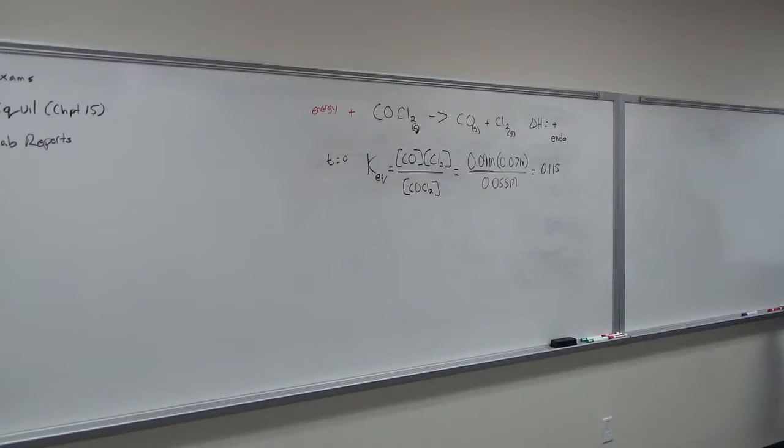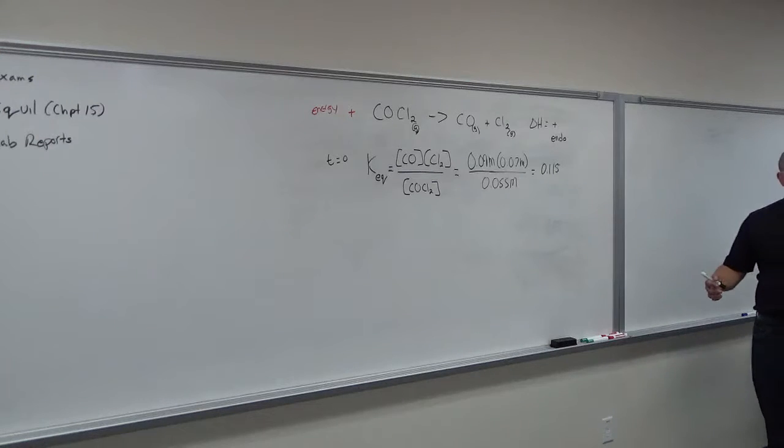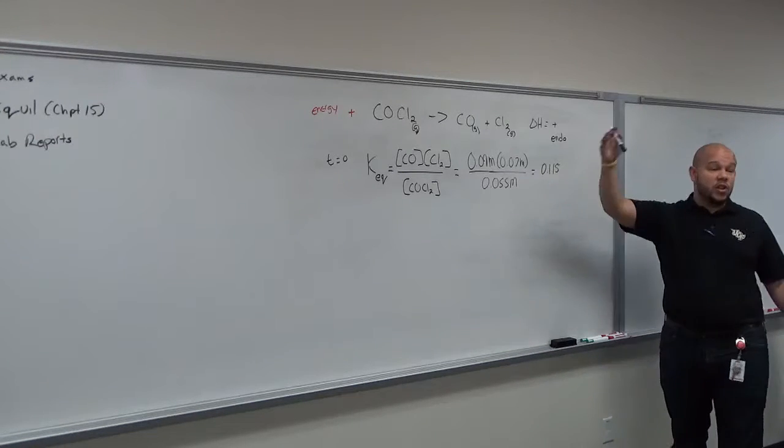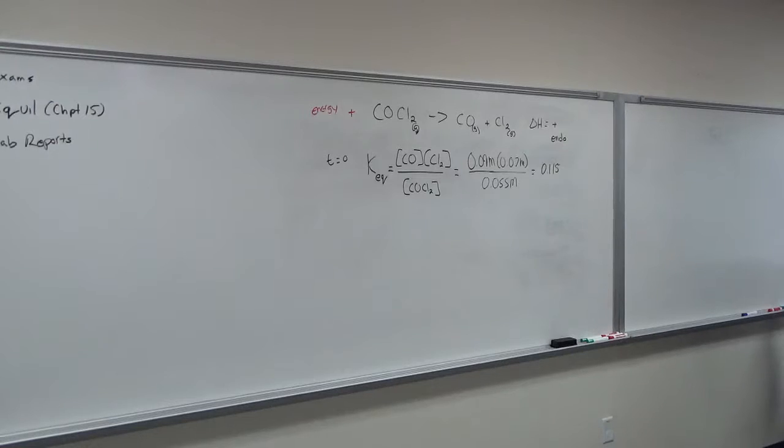If we took a look at each one of these, what do we see? We see an increase in the products, and we see a decrease in the reactant, right? So what had to be occurring? Something has to occur for us to shift this equilibrium. We're talking about the equilibrium shift in a second.